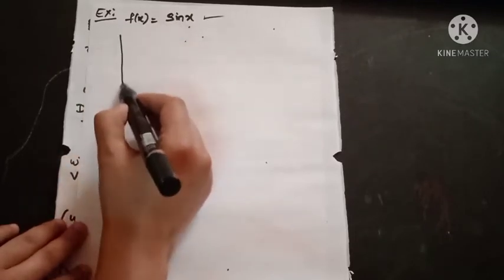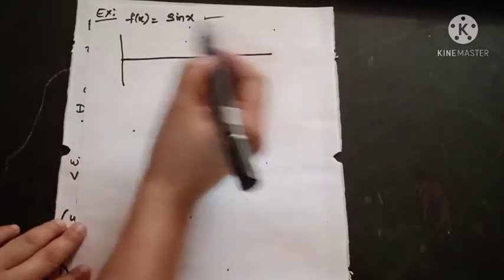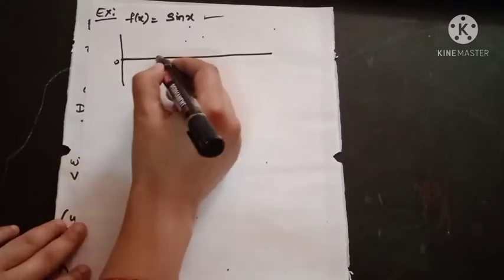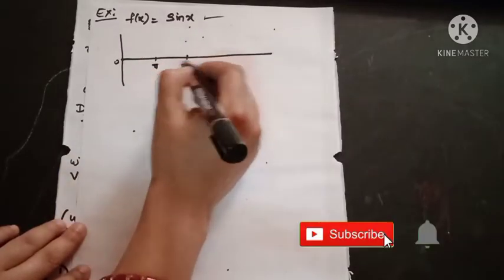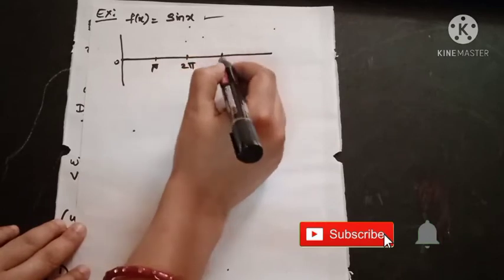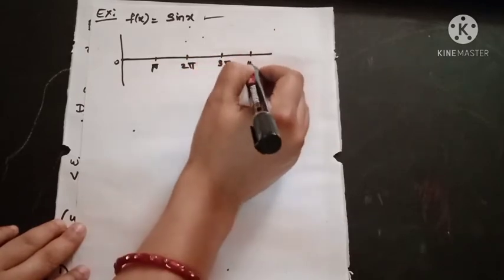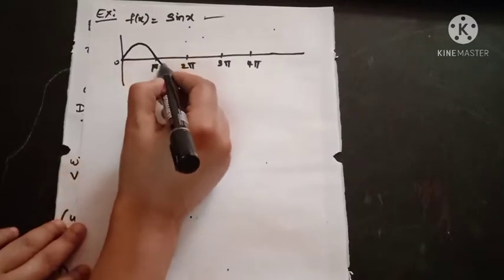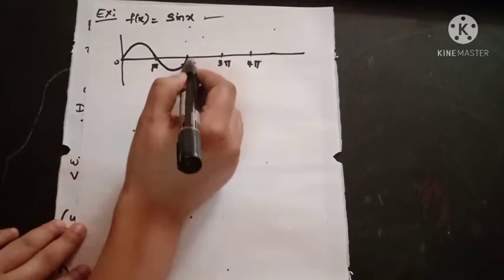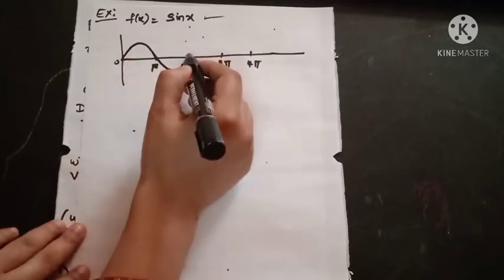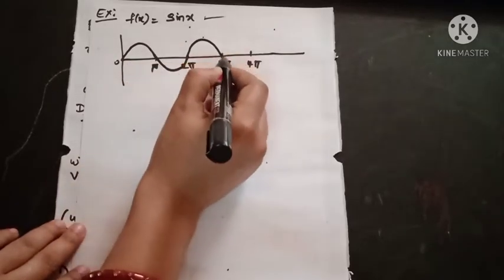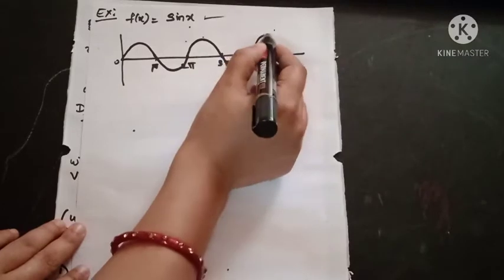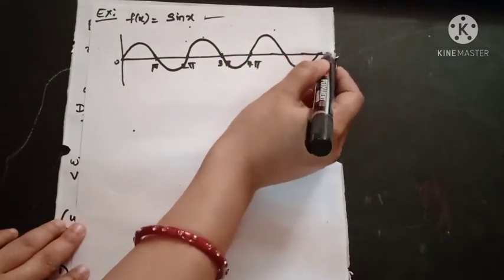So let me take the waveform of sin x: 0, pi, 2 pi, 3 pi, 4 pi, etc. The sine wave takes 0 to 2 pi to complete one wave and then it repeats again, and it goes on.